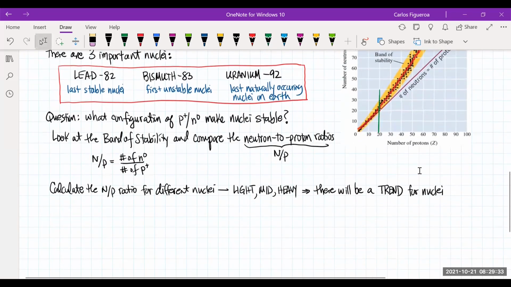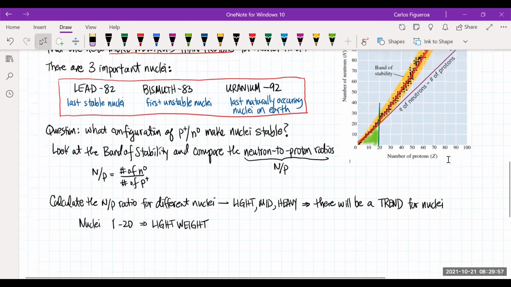So I would say that for nuclei between 1 and 20, this represents the lightweight nuclei.